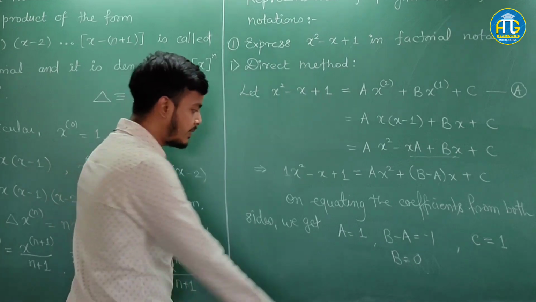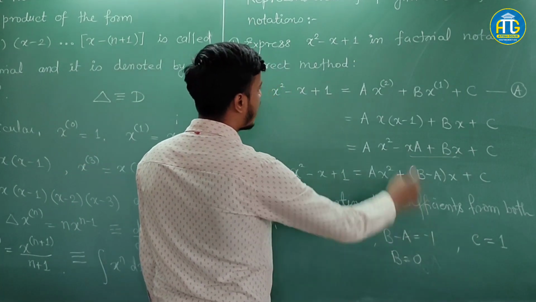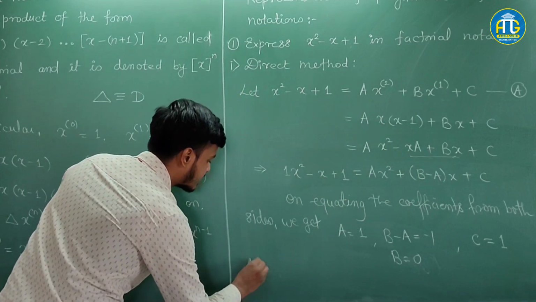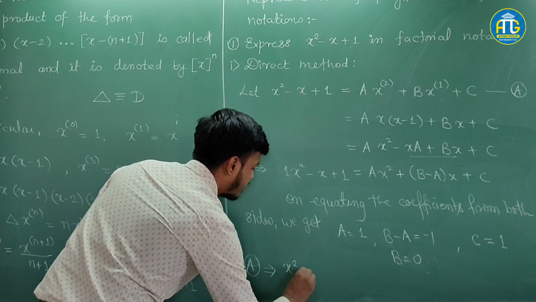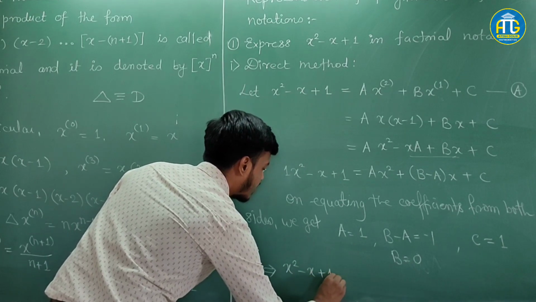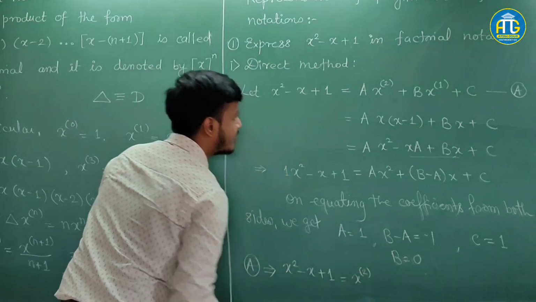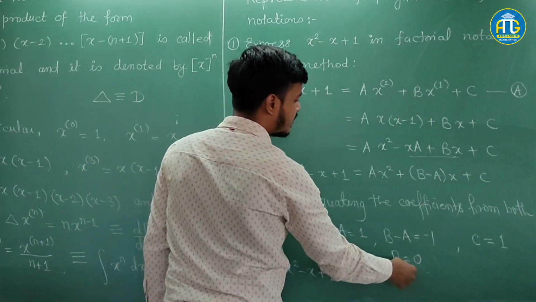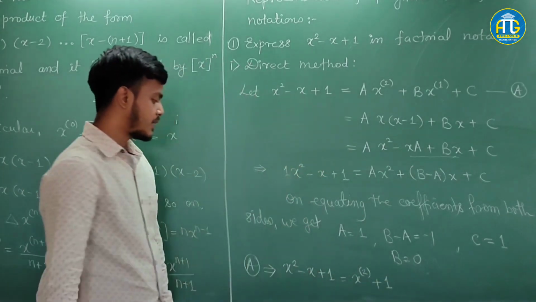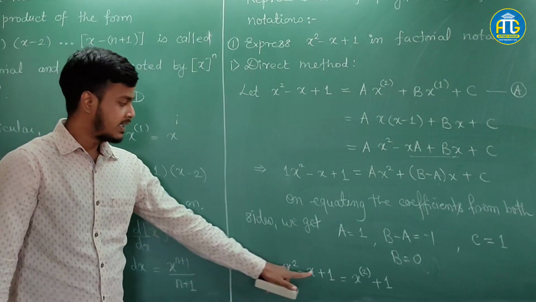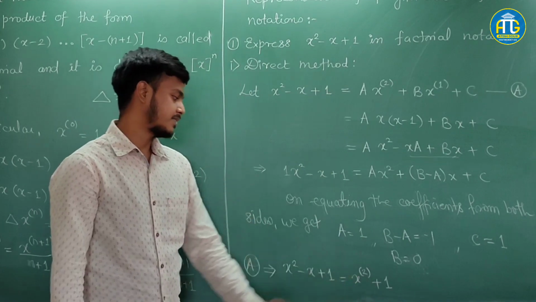Now a is equal to 1, b is equal to 0, c is equal to 1. So equation A implies x square minus x plus 1 is the same as 1 x raised to 2 factorial plus 0 plus 1 x raised to 1 factorial plus 1. So this is nothing but the polynomial in factorial notation.